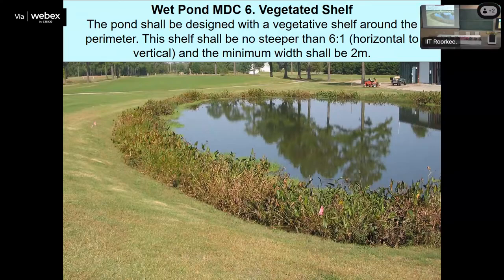For security. For security, yes, that is a benefit. If you have vegetation growing, it tends to be a way to keep people out. If you don't want people to go into the pond, then you put a ring of vegetation on there and it keeps them out. Very good. I'm going to talk about why the shelf is 6 feet or 2 meters in a second.